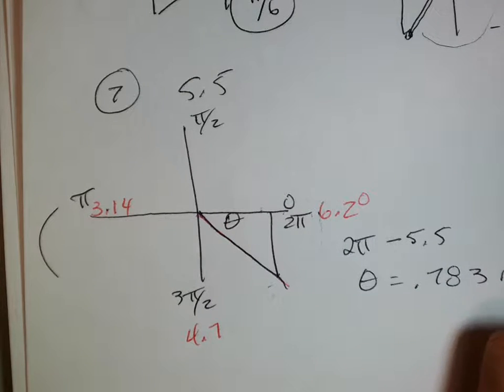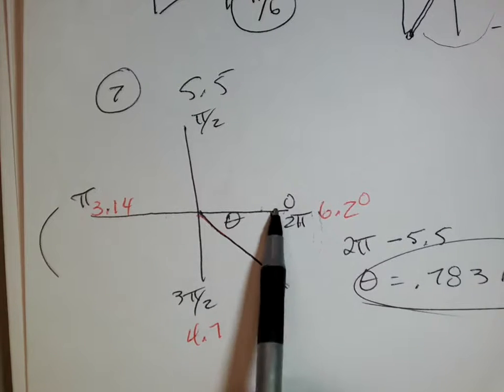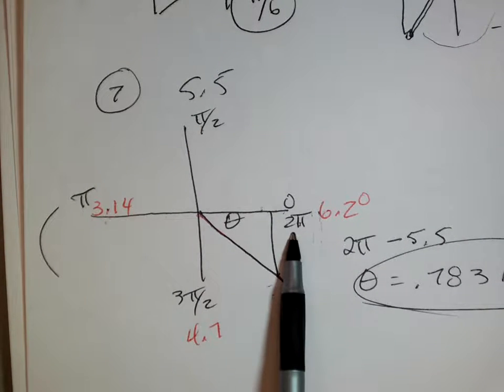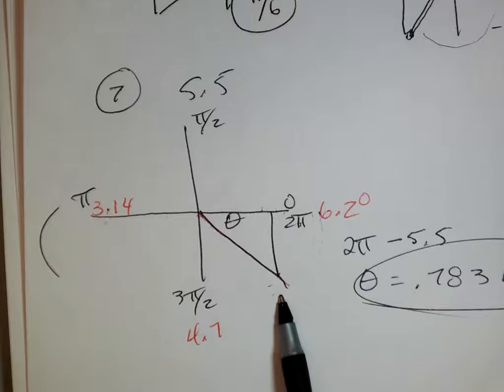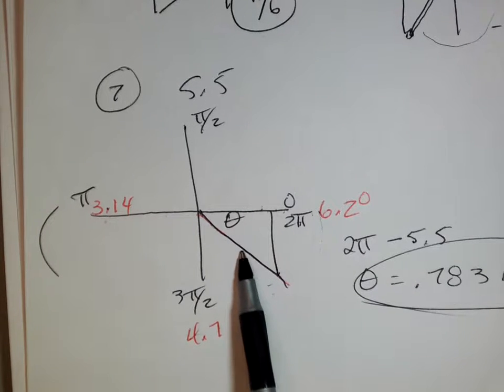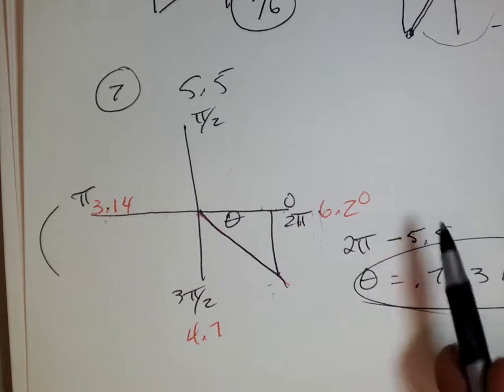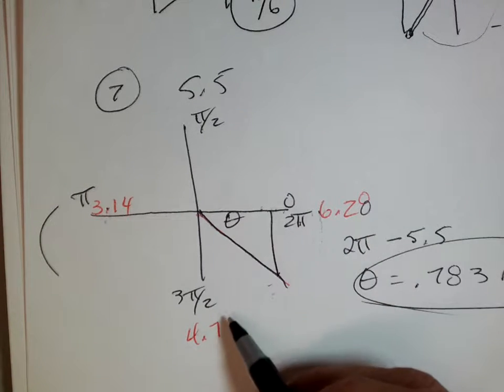Okay? So what I did is I knew that all of these pi units have a decimal equivalent. So I figured out what their decimal equivalent was, found out 5.5 is about there. The angle between here is in between 2 pi, which is 6.28, and the 5.5.